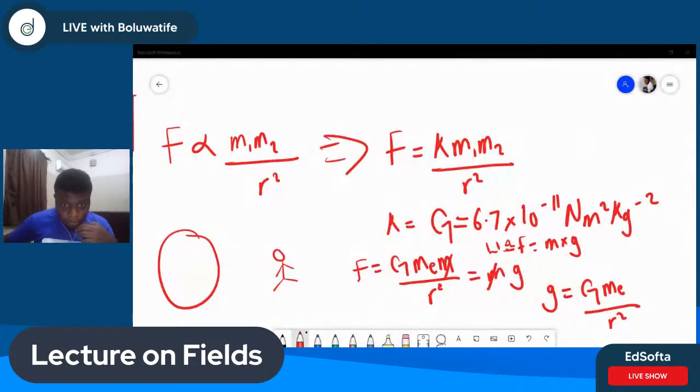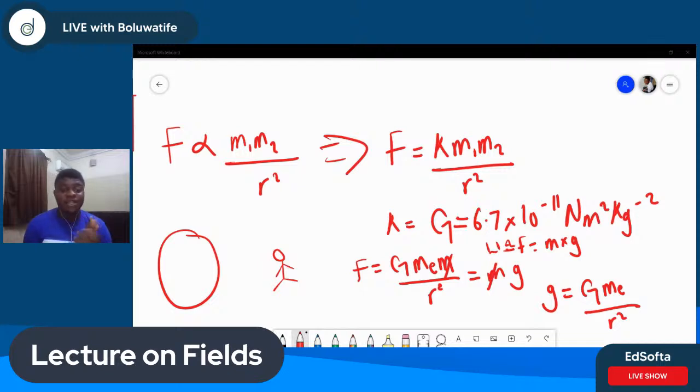So the r here is the distance between the Earth's surface and the core of the Earth, which gravity is actually pulling into, which happens to be 6,380 kilometers.